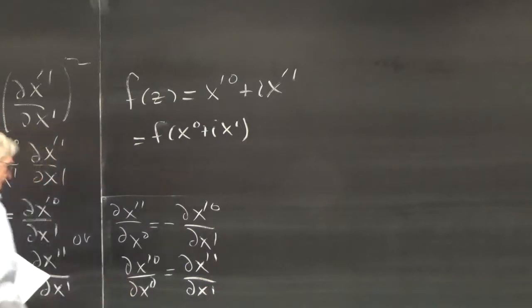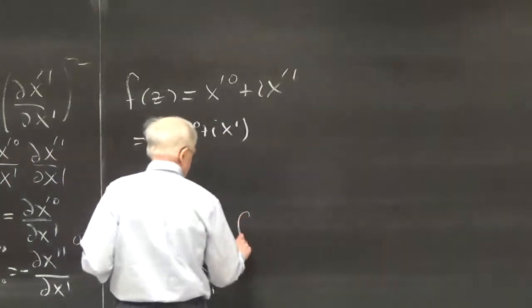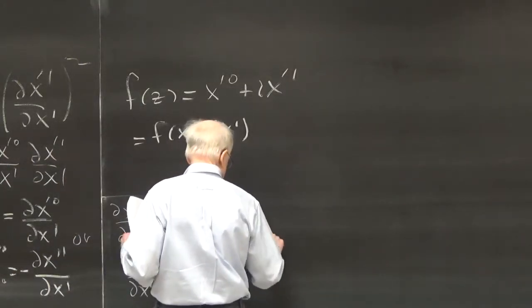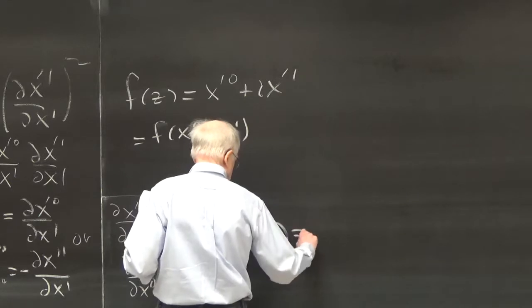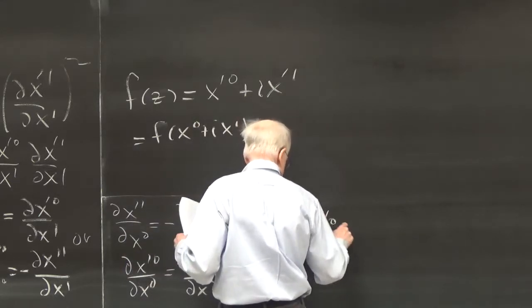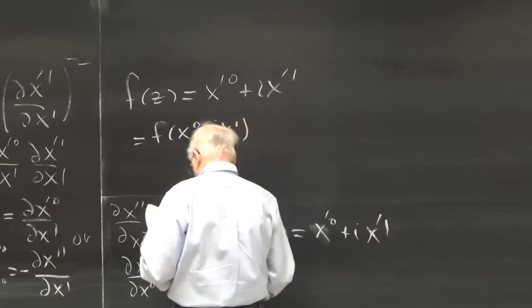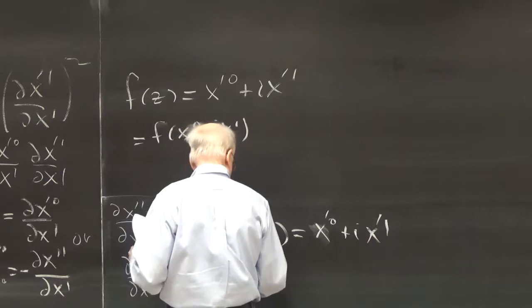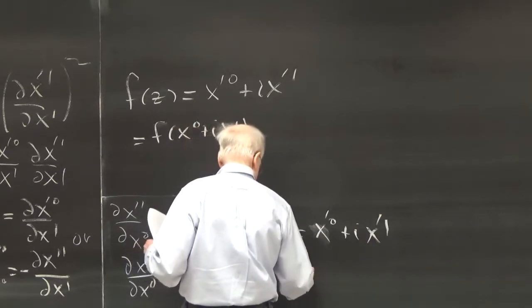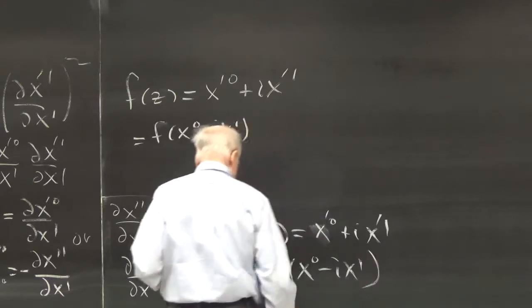And these are the equations for an anti-analytic function. So this is for the case of f of z bar equal to x prime 0 plus i x prime 1, where this is f then of x0 minus i x1.